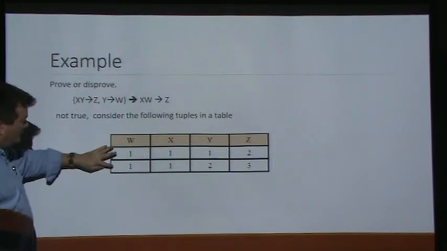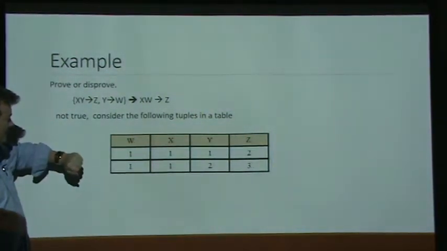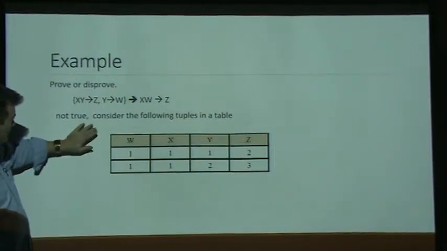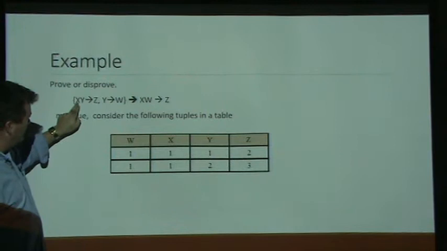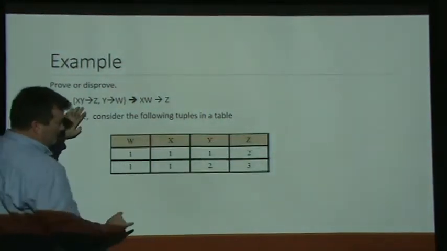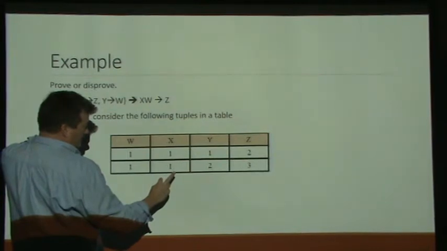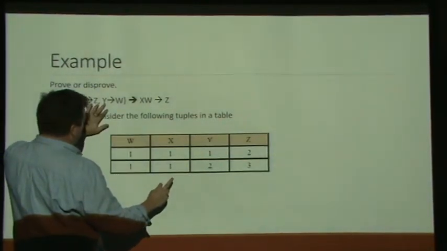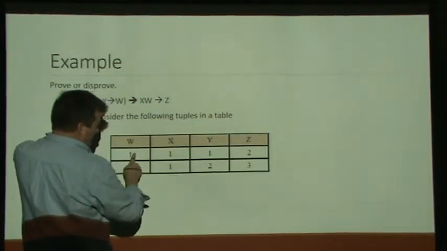So we come up with 2 rows. There's a little bit of guesswork here. But what we can do is say, every time Y is a particular value, W needs to be matching.